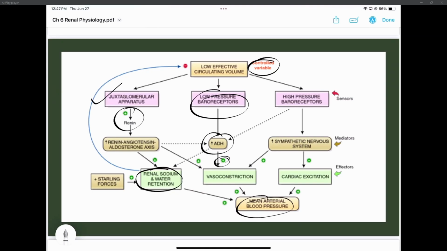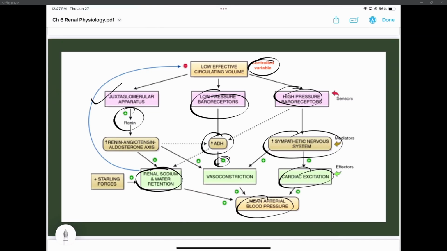We also have high pressure baroreceptors, which will kick in our sympathetic nervous system. What two hormones are coming out? Norepinephrine and epinephrine. Because they're sympathetic, we're going to get cardiac excitation, and we're going to get vasoconstriction, mainly through which one? Epi or norepi? Norepi causes vasoconstriction through what receptors?